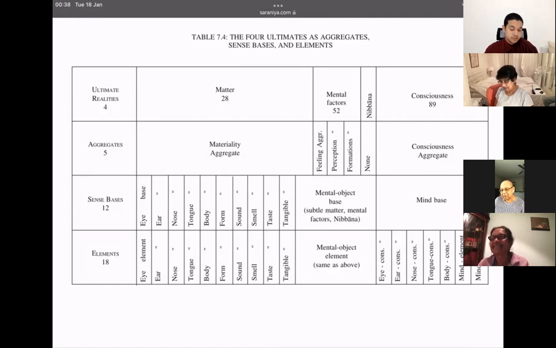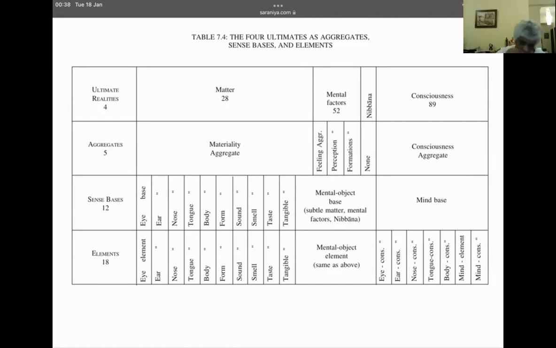Anyone else? Chamari? Yes, Bhante. I think it is a subtle matter because water element cannot be felt. Yes. It can only be identified by insight, and through the other elements. The delimitation of water element can only be identified by the other elements.